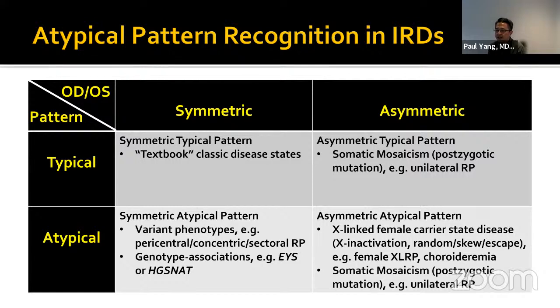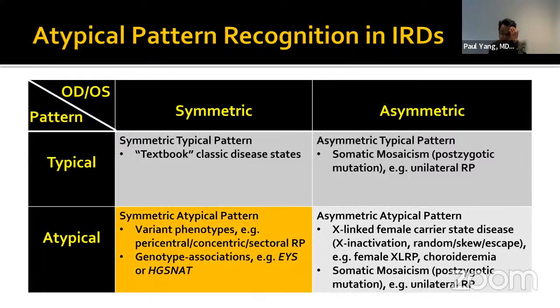That means not every cell in their body has the same genetic mutation. Okay, and then there's also the most complex one, which is it's different between the right and the left eye, and within each eye, it looks atypical. And so that can also happen with somatic mosaicism, but it can happen often with X-linked female carrier state disease. And that's due to X inactivation, a skew in X activation, and there's a randomness sometimes to the cells that have the mutation.